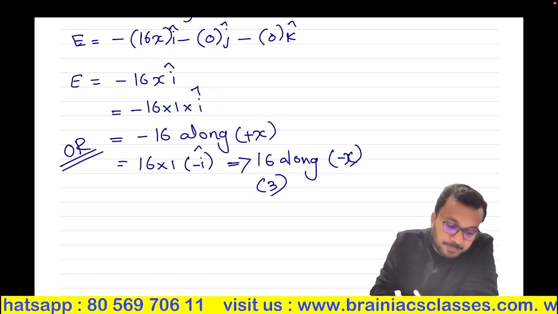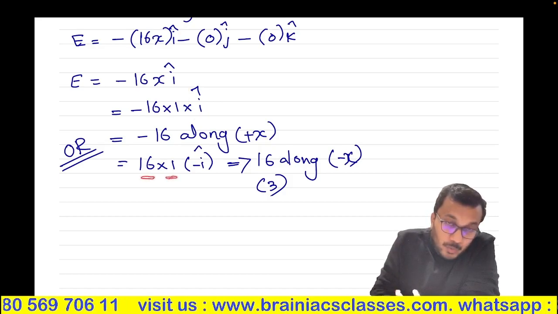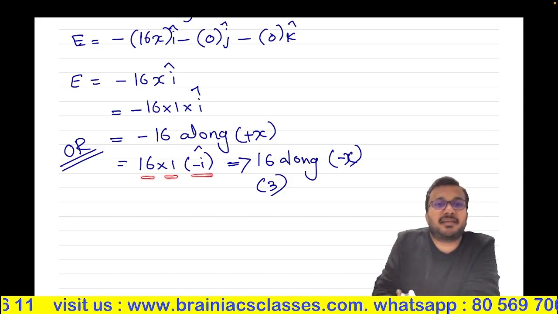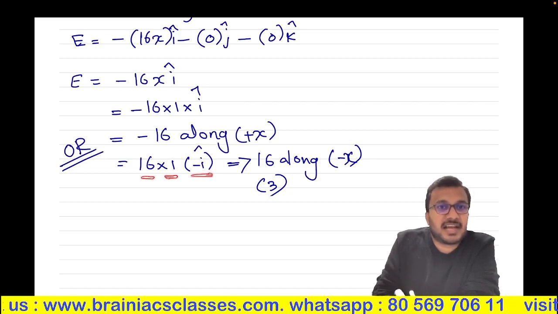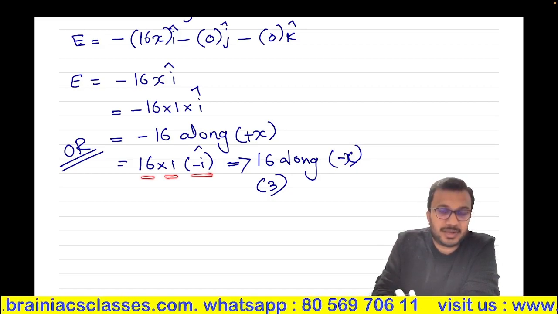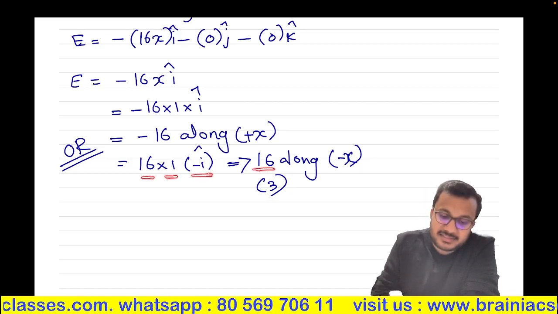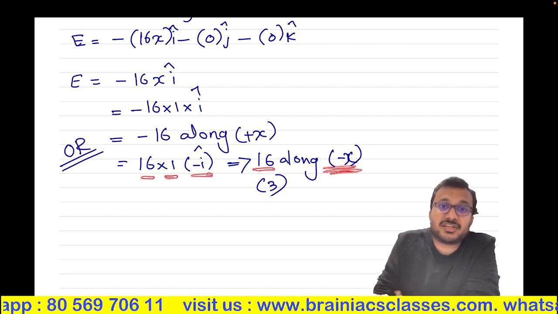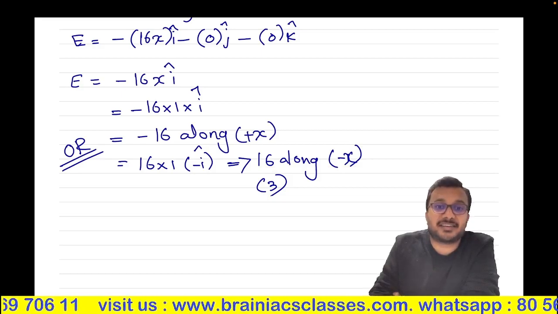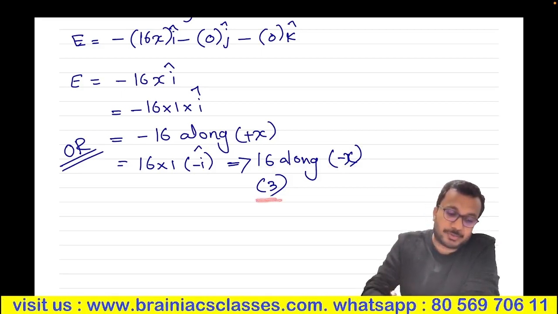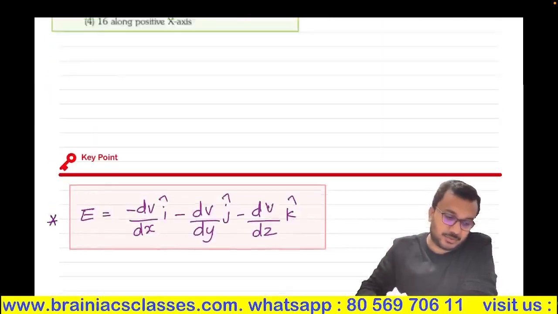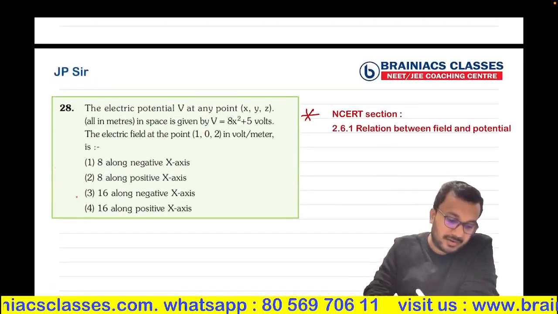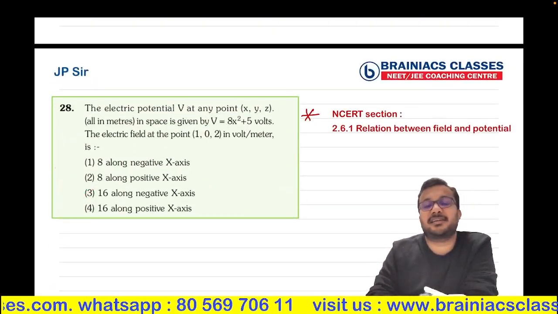Or I can write 16 into 1 into minus i. Effectively it is minus 16 i only. So I can say it is 16 along the minus x direction. That matches option number 3: 16 along the negative x direction.